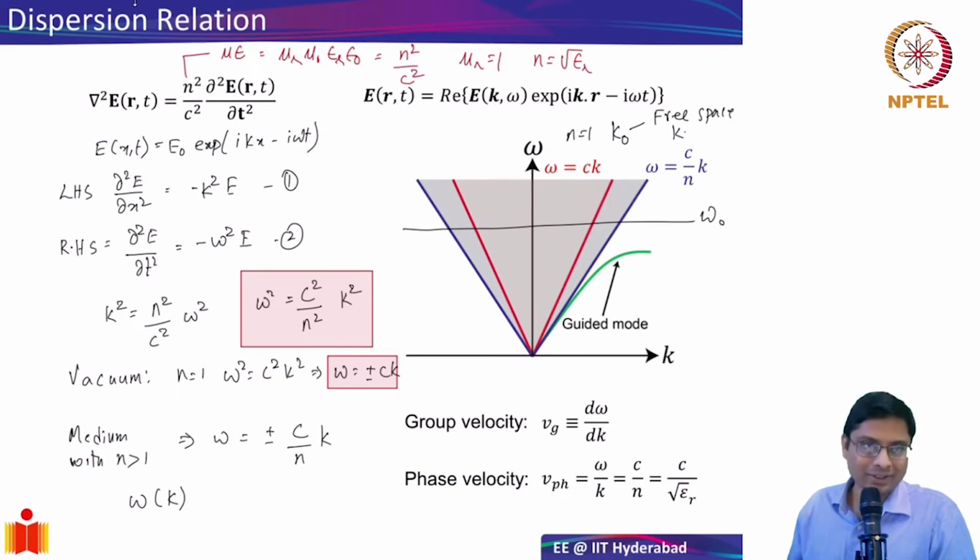In this context, I should also introduce two terms: the group velocity and the phase velocity. The group velocity is given by the first derivative of omega versus k, d omega by dk, and it denotes the speed of energy propagation.